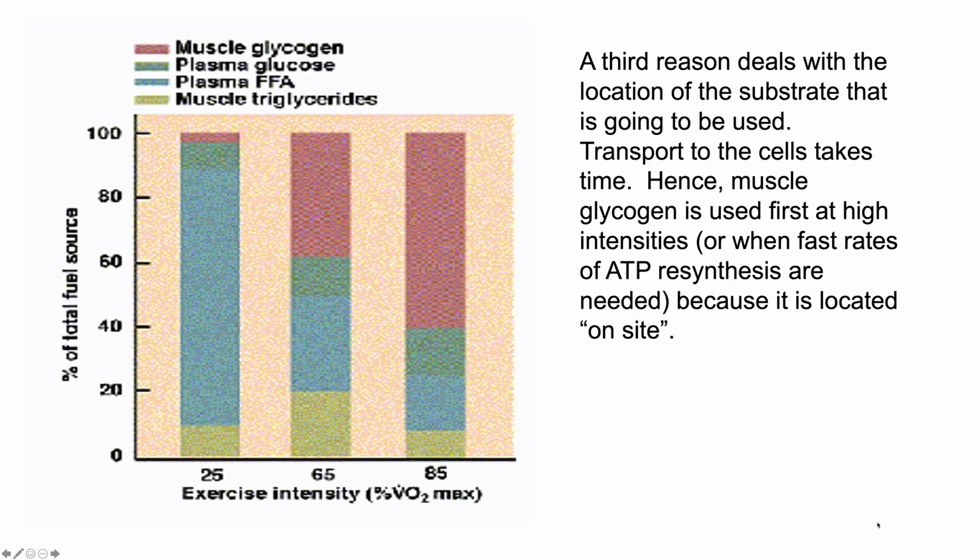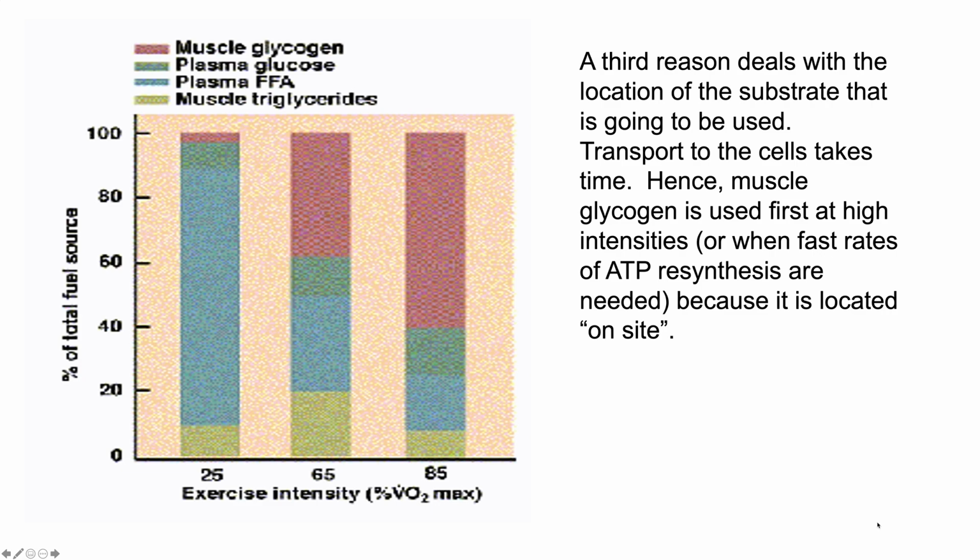And the third reason deals with the location of the substrate that's going to be used. Transport to the cells takes time. Hence, muscle glycogen is used first at high intensities or when fast rates of ATP resynthesis are needed because it's located on site. You can see the contribution at about 25% VO2 max, that is roughly maybe rest for some.